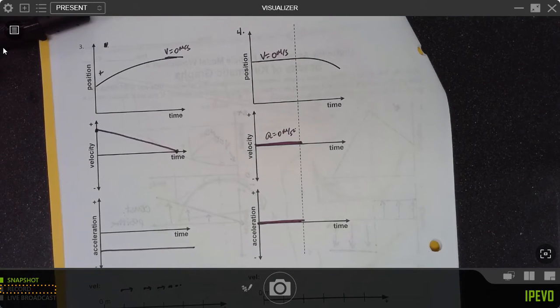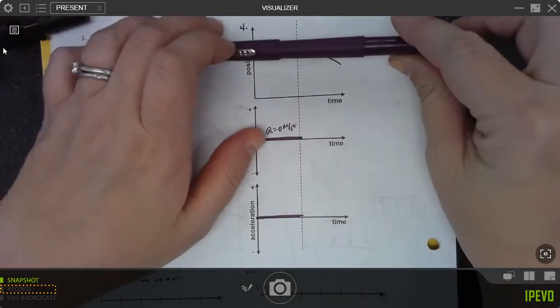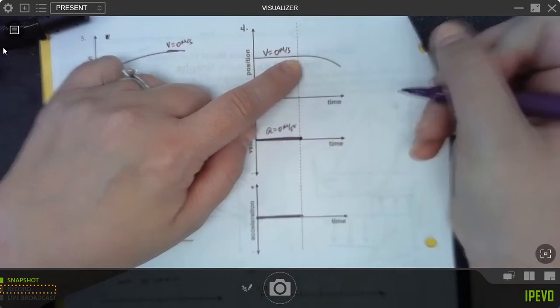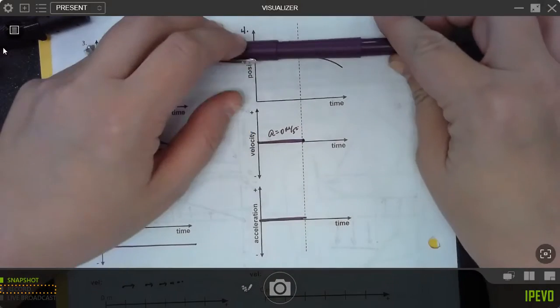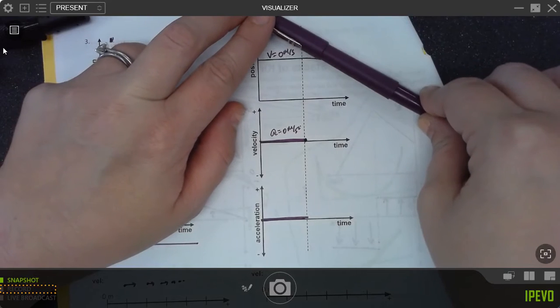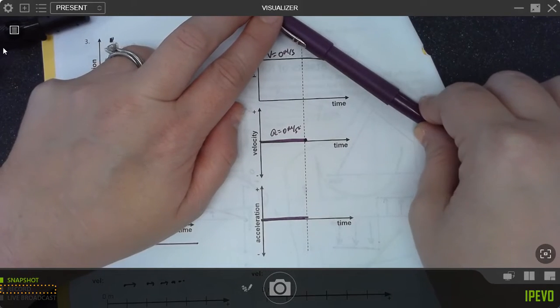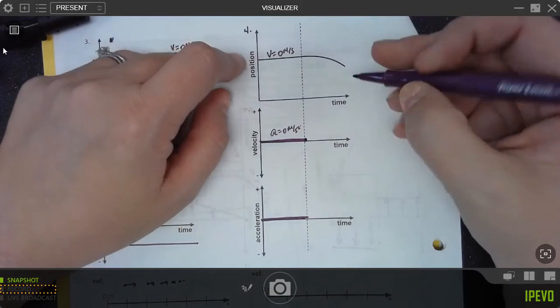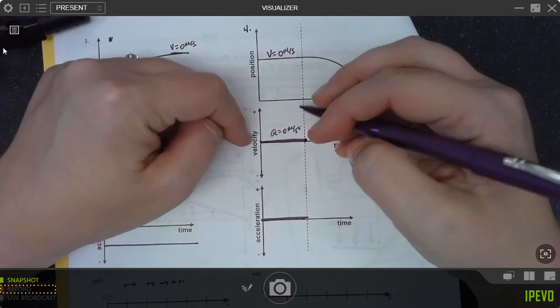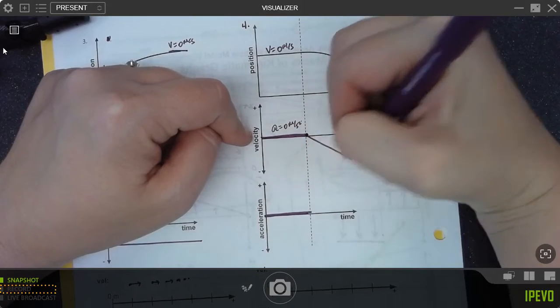What about this curvy one? Okay, so we know that it's starting at 0 at that point. So we know that there's going to be a velocity of 0. And then as time goes on, the slope becomes more and more negative, which means the change in the negative direction is greater with each second. So when I look at my velocity versus time graph, we're going to extend that downward.